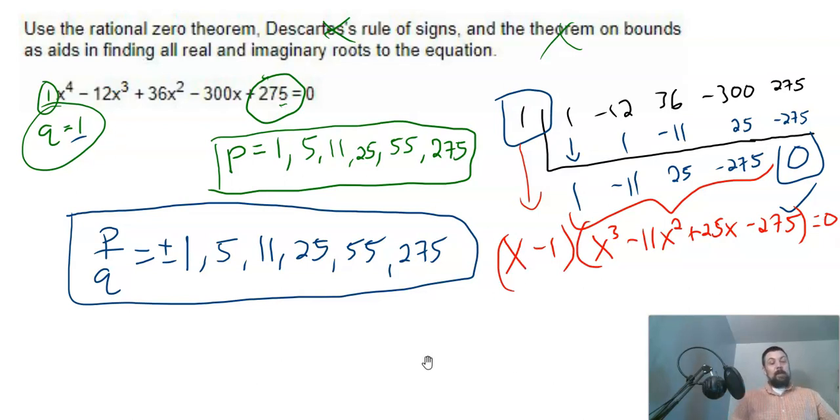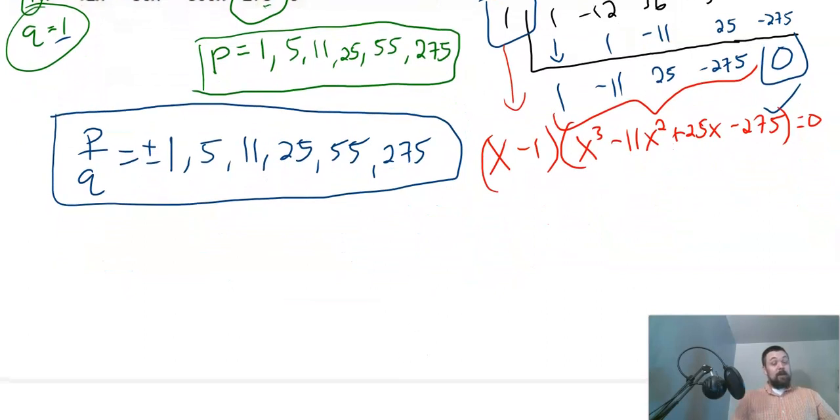Now, I promised I'd try to keep this video as short as possible. So I'm not going to do what I did in the previous video where you have a degree 4 polynomial. You find a root that works, a 0 that works. You factor it. Then your biggest factor is a degree 3 polynomial now. And in some cases, you'll have to do more synthetic division to break that down until it's degree 2. Because once you have it down to degree 2, that's quadratic.